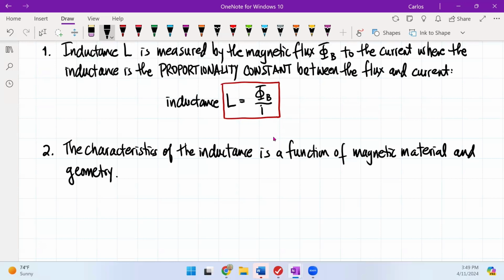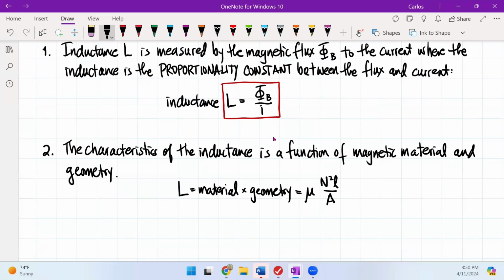In other words, the inductance is also the material that makes up the inductor times the geometry of the inductor. And that's written, the material is the permeability, and then it's proportional to the number of turns squared, the length of the inductor divided by the area.